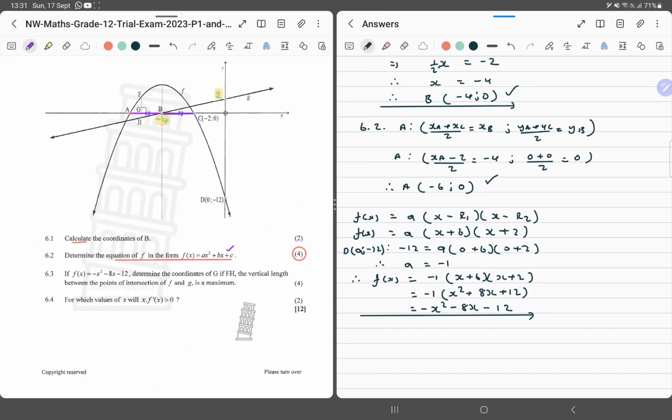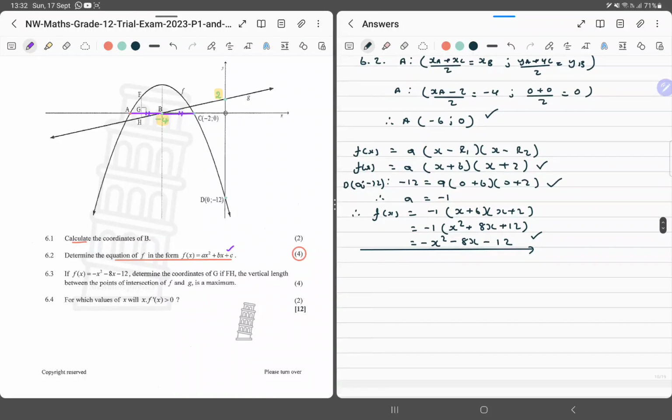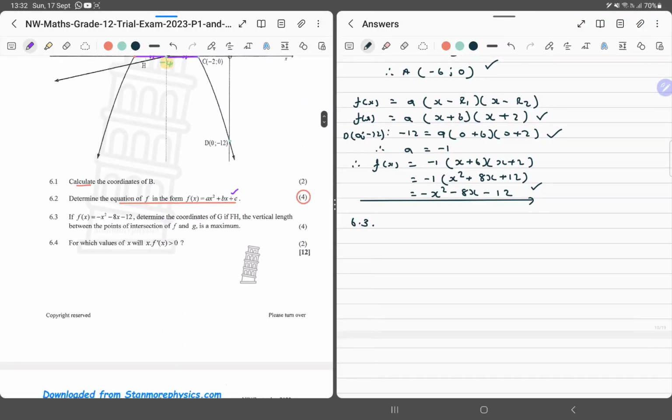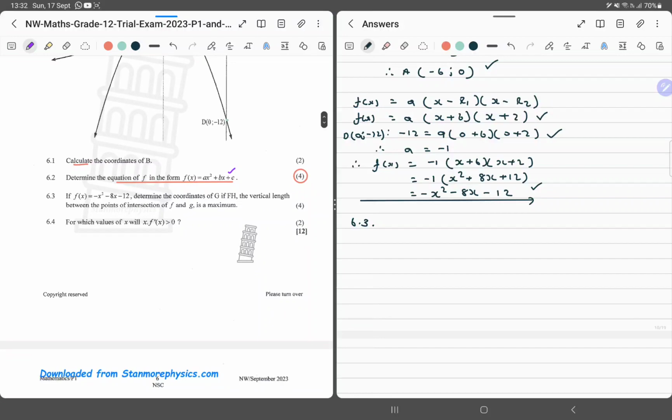It's very important to substitute into this format, to substitute that point, and eventually to get the correct equation, that is how we get those 4 marks. And we have shown everything. Of course, you can explore other ways you can solve this. There's no time, guys. We're losing time, actually. So I'm going to try and finish this as quickly as possible.